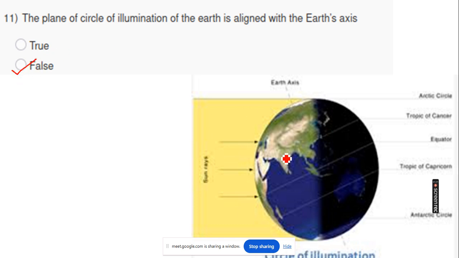As you can see in the figure, this is the circle of illumination. This region is having night, whereas the brighter side is having daytime.